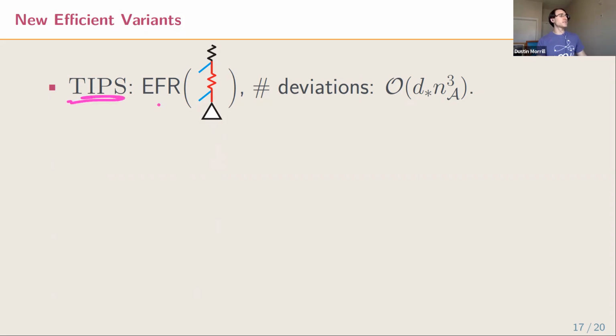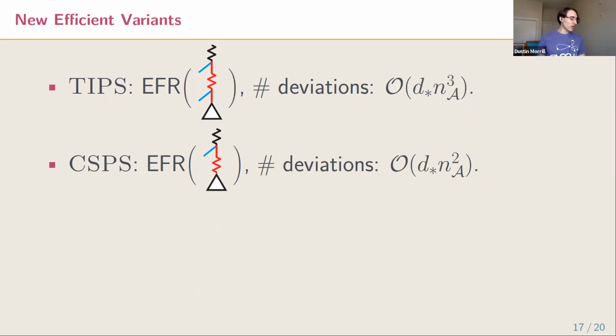We label it TIPS. And the important thing to notice to ensure efficiency is that the number of deviations and thus the number of regrets that we need to keep track of grows only linearly with the depth of the game and cubically with the number of actions. So that's a lot more favorable than the full set of behavioral deviations.